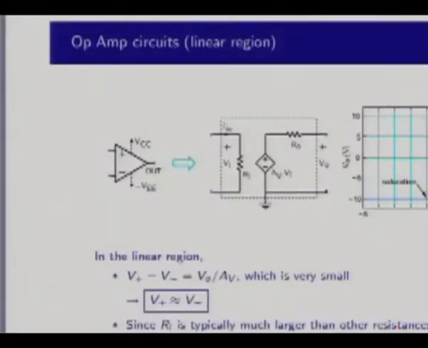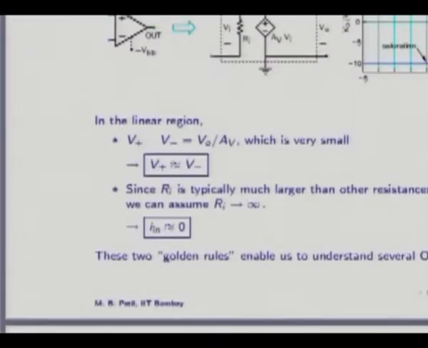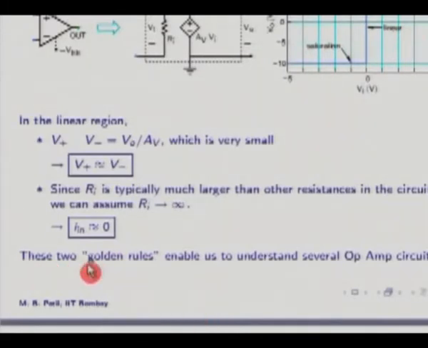All of these linear circuits in which the op amp is operating in the linear region can be understood by these two so-called golden rules. The one golden rule is that V plus and V minus are nearly the same. The second rule is that the input bias current of the op amp is 0. These two golden rules enable us to understand several op amp circuits.